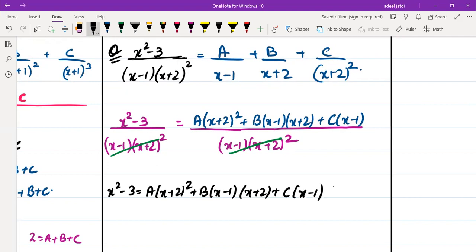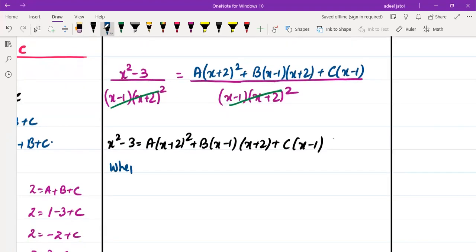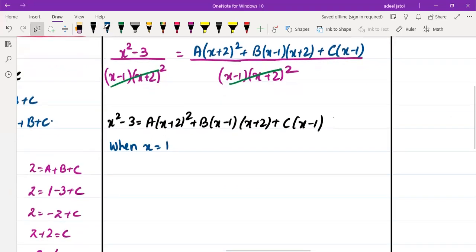Remember, as I said, we only had one linear root. So since we have one linear root, x minus 1 is equal to 0, so we can write x is equal to 1. When x is equal to 1, let's substitute 1: 1 square minus 3 equals a(1 plus 2) whole square.